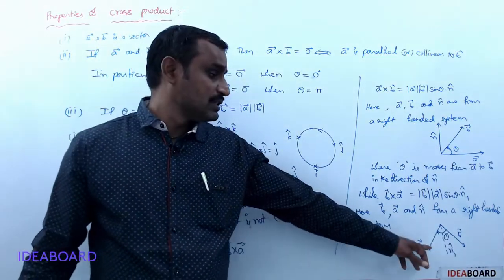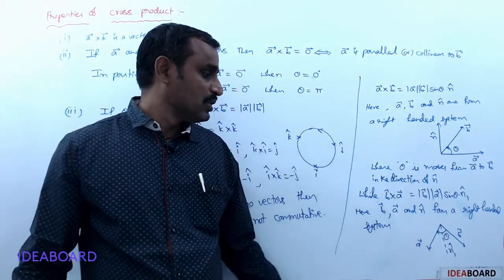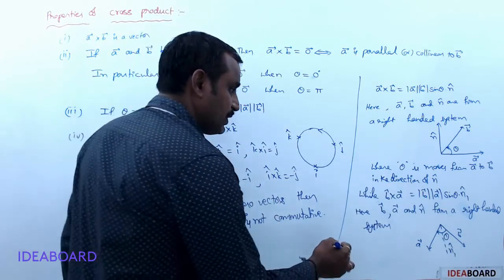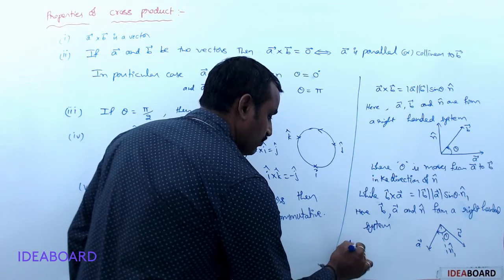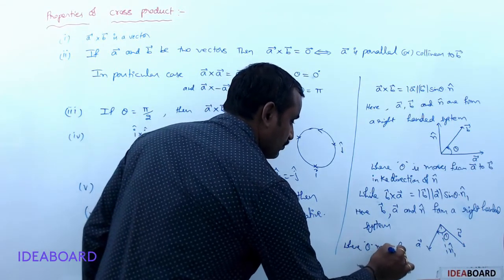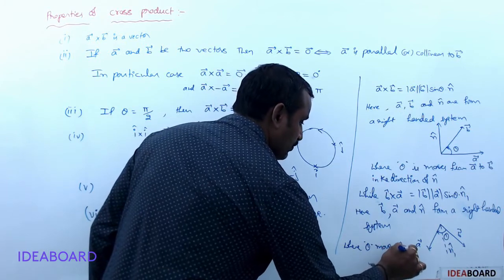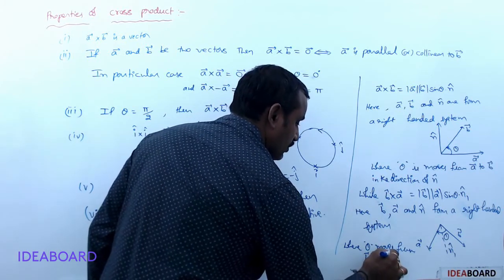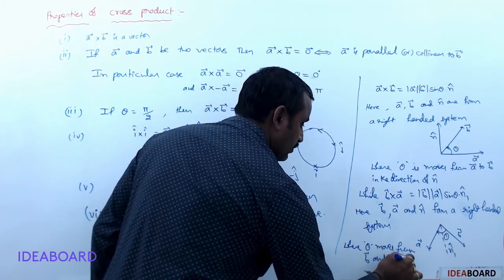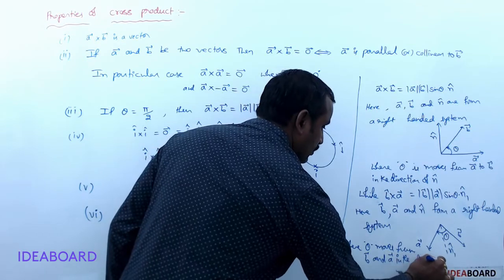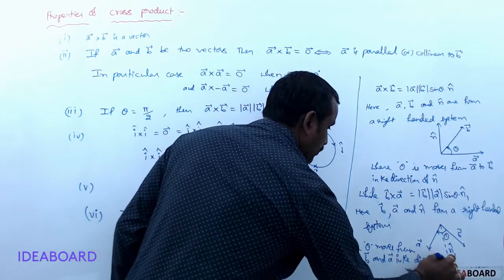So now this is the diagram for that. Here theta moves from B bar to A bar in the direction of n1 cap.